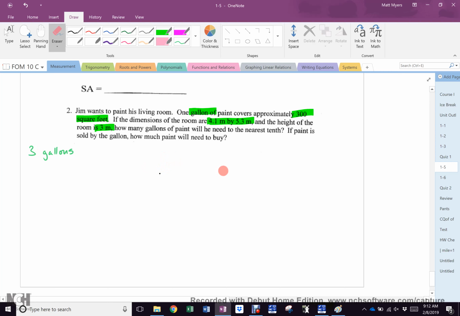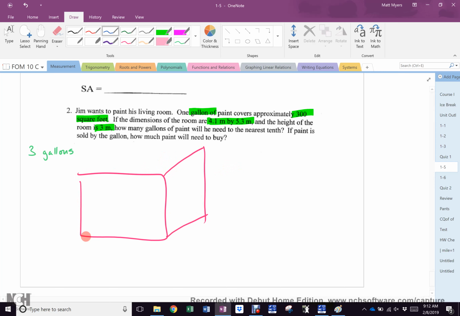Now I'm assuming some of you would like to see this. Yeah. All right. Okay. That's what a room looks like, yes? We are not painting the ceiling, are we? So, this wall is 5.3, because it's the longer wall. This wall is 4.1, yes? The height is 3, right?